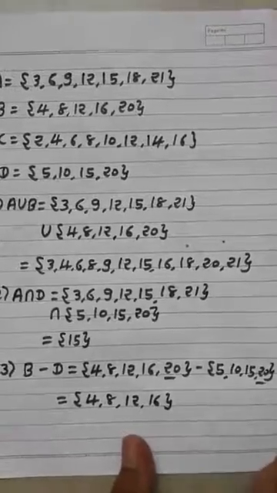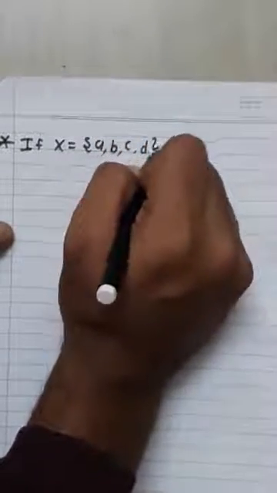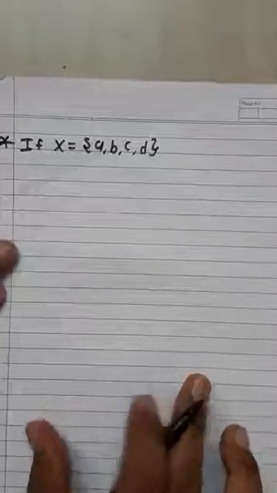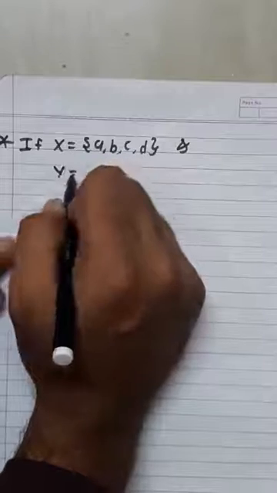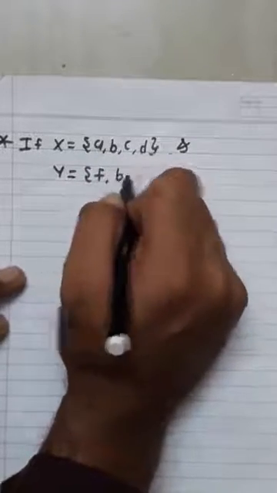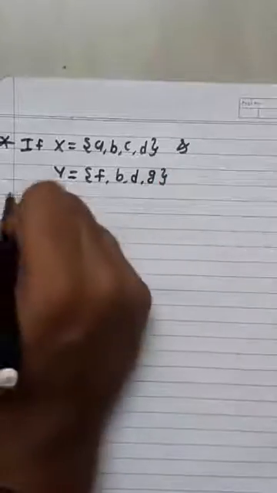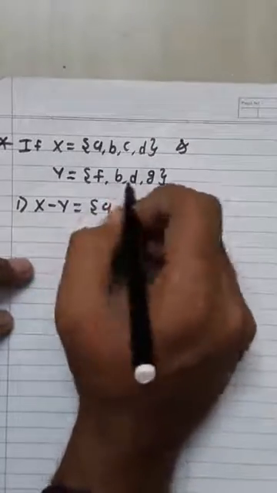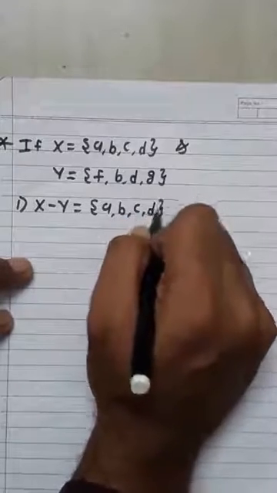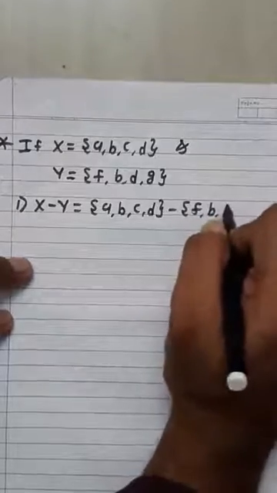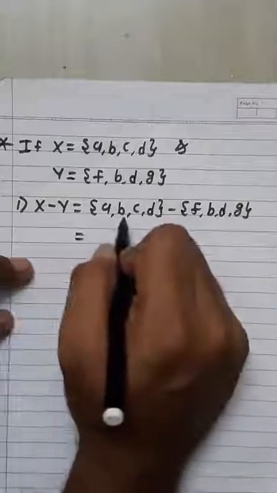Now discuss another example. If X is equal to set of A, B, C, D, and Y is equal to set of F, B, D, G. Now our first question, find out X difference Y. So X difference Y, that means here the first position is X, so we write A, B, C, D, difference Y, which is F, B, D, G. Now which elements are common in these sets?